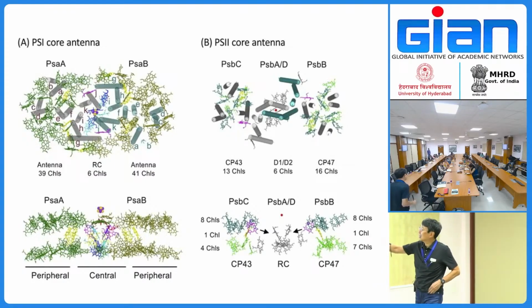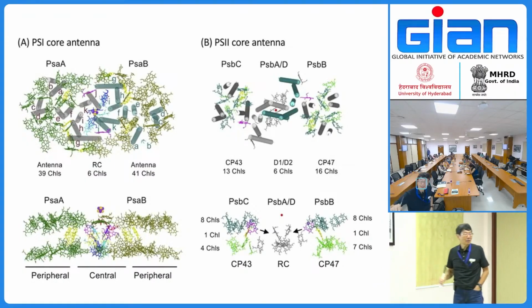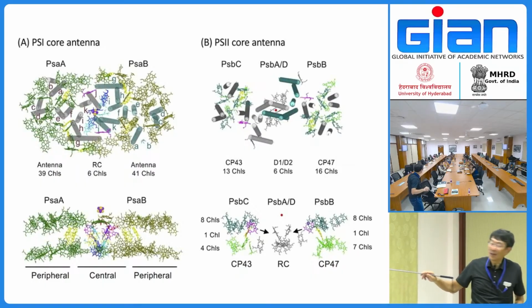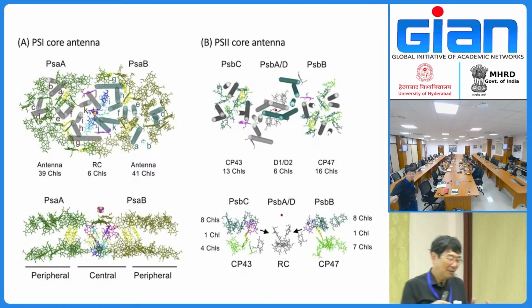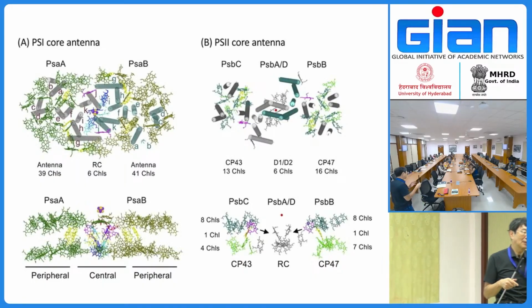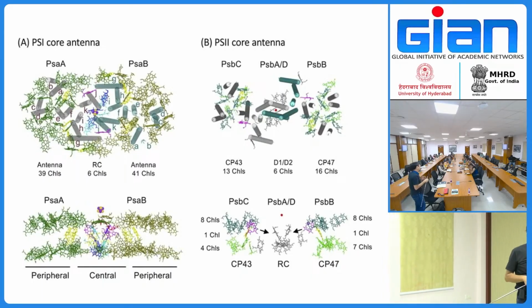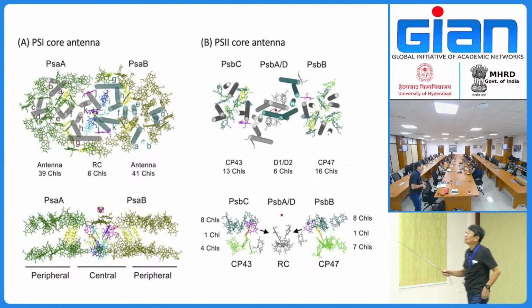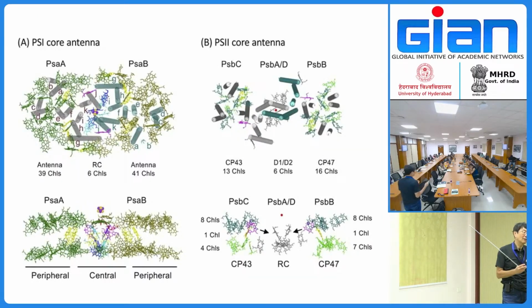But the 3-dimensional structures are very similar to each other. And some very important amino acids that are involved in associating pigments or cofactors are conserved. So now we think that PS1 and PS2 evolved from the same ancestral reaction center.